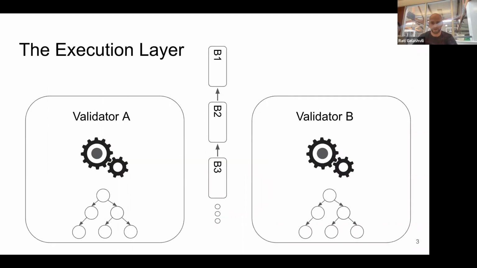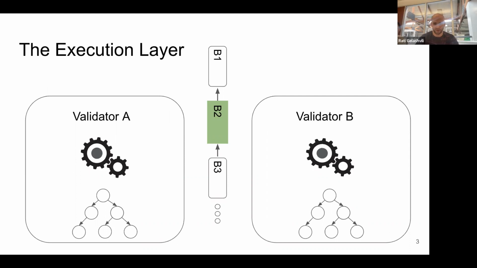But yeah, our focus for this talk and for this work is on the execution layer of the blockchain. Now to zoom in onto the execution layer. The way this works is we agree on a sequence of blocks. And then when we do agree, we have to execute the block that has been agreed on, B2.